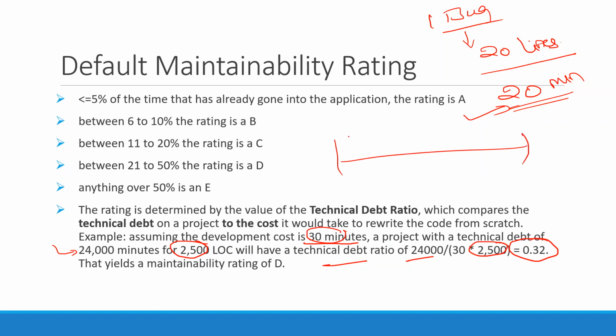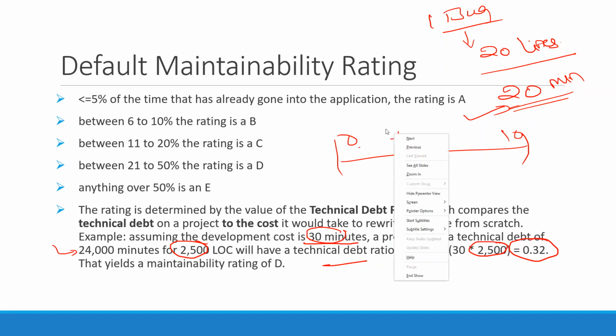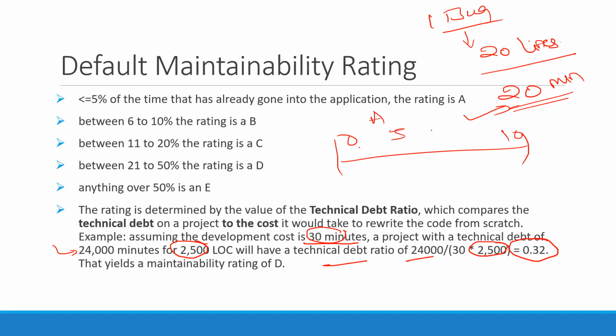Now you come up with a range, telling that I will take 0 to 10 as the range. And I will say 0 to 3 is A, 3 to 6 is B, 6 to 8 is C, 8 to 10 is D. I can come up with my own ratings. Or you can go with a standard rating.